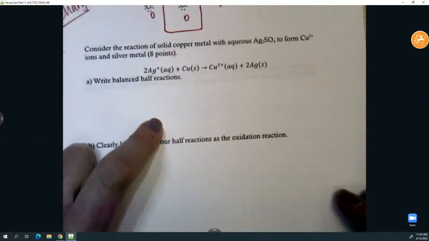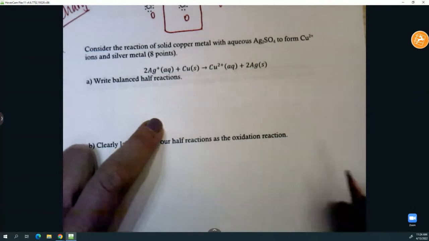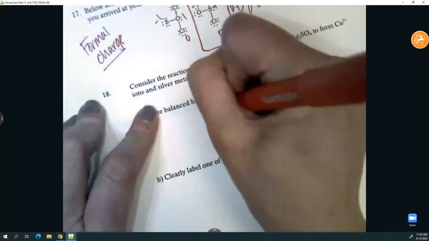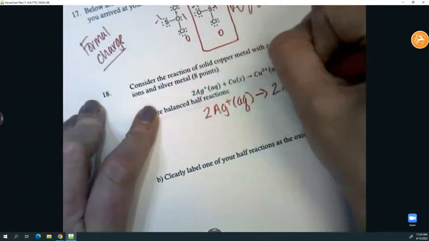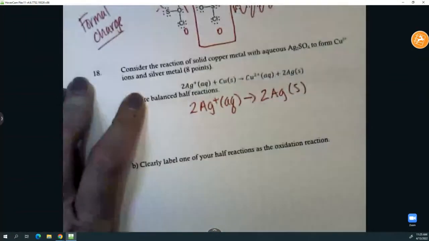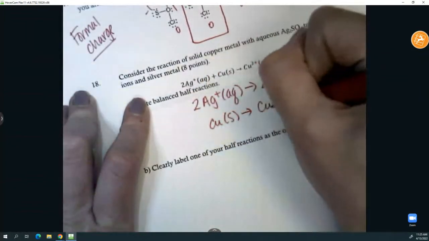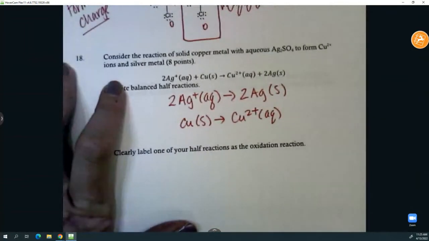Redox reaction. Consider the reaction of solid copper metal in aqueous solution to form copper ions and silver metal, and it gave me a net ionic equation. It says to write balanced half reactions. Remember, for half reactions, I want to put one element per reaction. There's one, and there's the other.